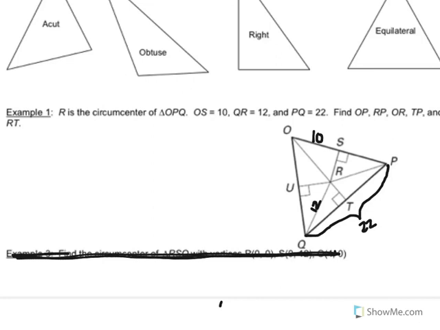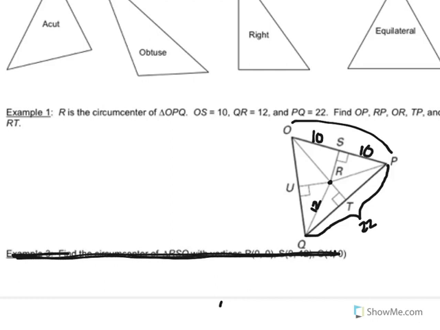Now, knowing that, let's think about what we know. Since this is the circumcenter, we know that the circumcenter is created by the intersection of three perpendicular bisectors. So let's take this side right here, for example, OP. S is the midpoint because this is a perpendicular bisector. So we know if OS is 10, then SP is 10, right?